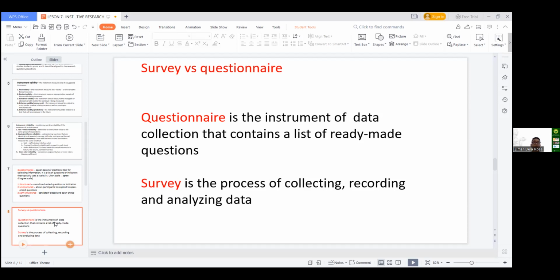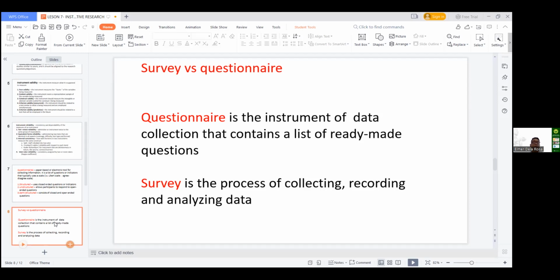So it involves the whole process of collecting, recording, and analyzing the data. While questionnaire is the instrument of data collection that contains a list of ready-made questions, either closed or open-ended. So don't use questionnaire if you're talking about the survey, or don't say survey if you're pertaining to a questionnaire.